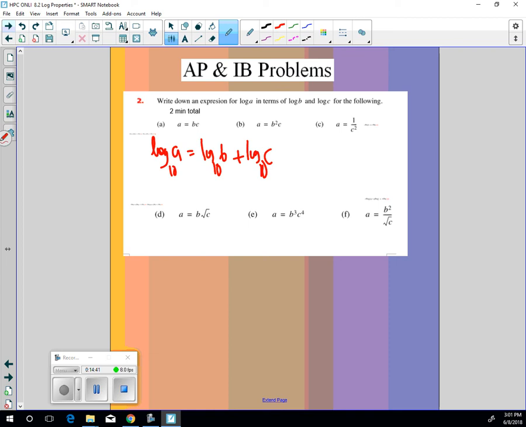Likewise here, it's going to be log base 10 of A plus log base 10 of B squared plus log base 10 of C, and if you have log base 10 of B squared, you can pull the 2 out in front and get 2 log base 10 of B plus log base 10 of C. So there's A and there's B. You keep going with those.